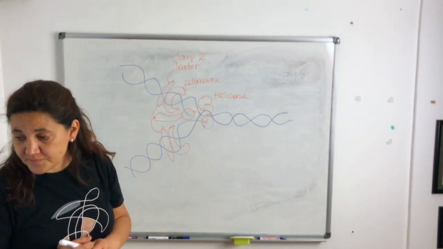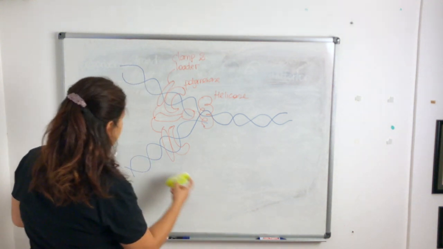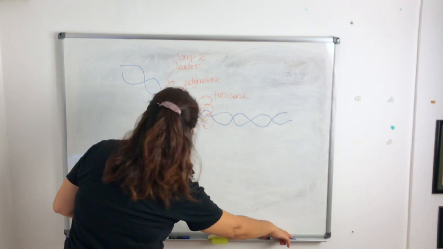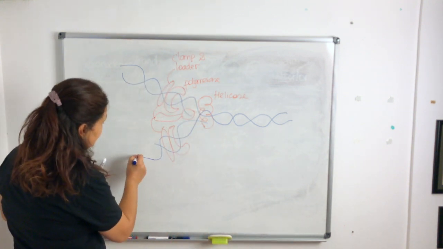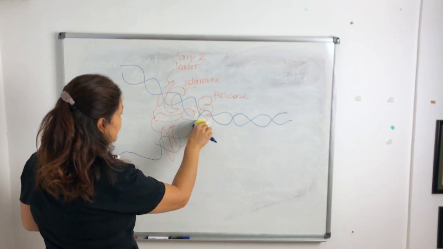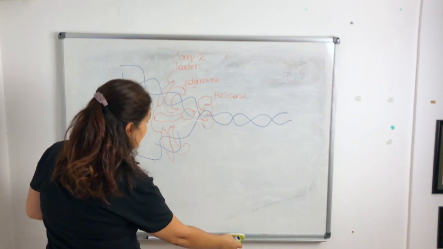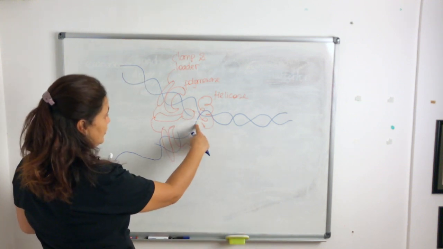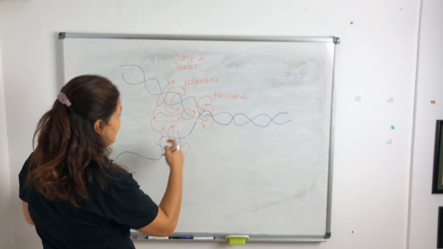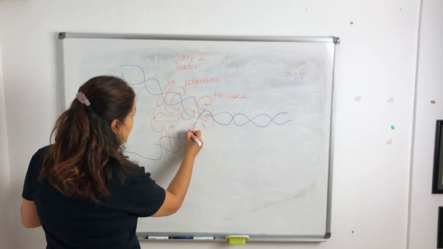And also, if we have a single strand here, because this part is not synthesized yet, for example, the polymerase is not hooked onto this one and synthesizing the strand, because this is a single strand and the cell doesn't like single strands.